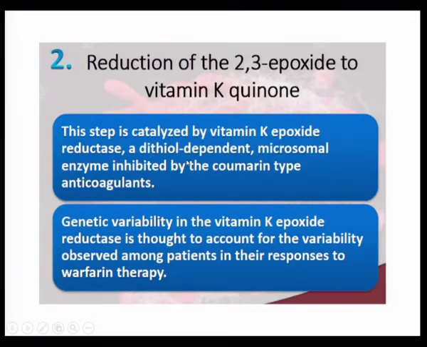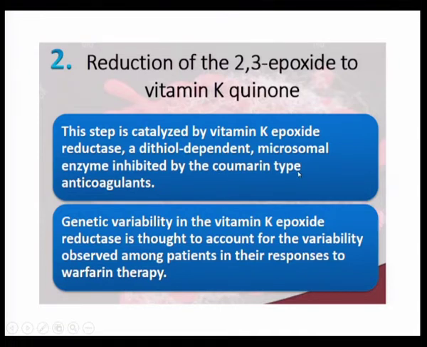Now you see, the reductase is a dithiol dependent microsomal enzyme. Now a very interesting thing to note is the compound class we call coumarin type anticoagulants. I don't know if you are familiar with this coumarin derivative.